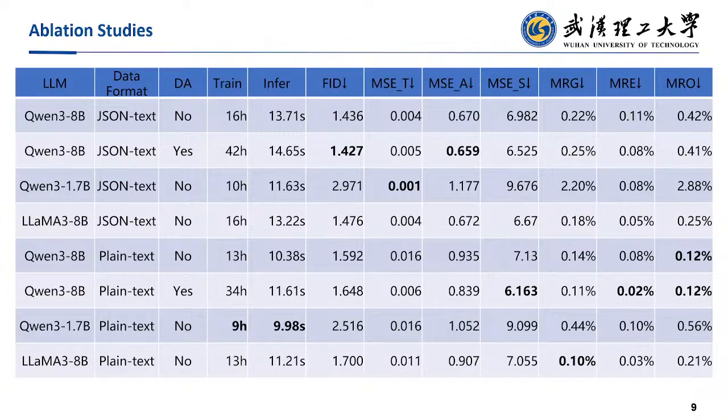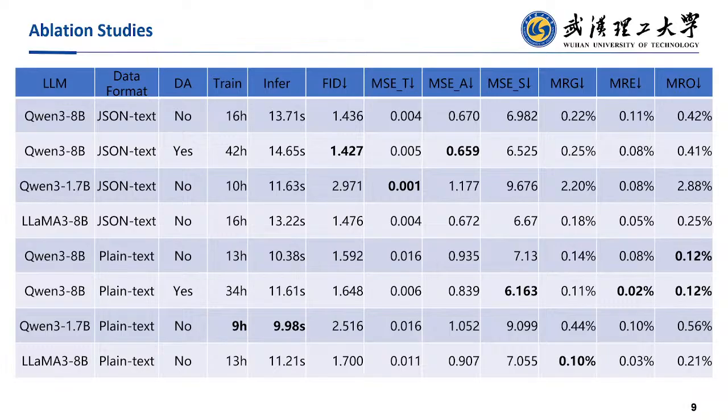We also compare different parameter sizes, here 1.7 billion parameters and 8 billion parameters. We see that if we have more parameters, of course, we get a better result, but the training and inference time will be more expensive.